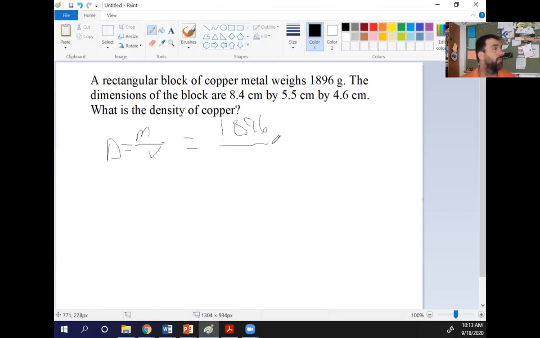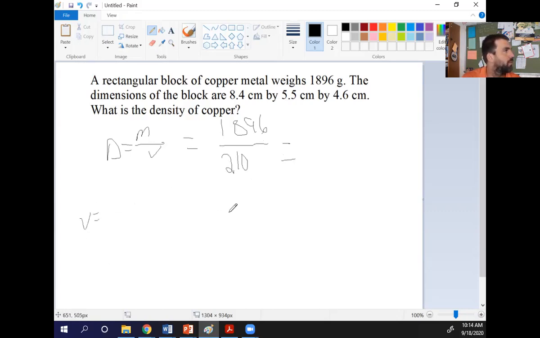Okay, so he did correct. 8.4 times 5.5 times 4.6, and you get what? I need how many significant figures though? 2. So what's the answer? 210? Well, no, 212 has 3 significant figures. So 210. Now don't use 212 because you have to round that to significant figures. 210, you got the volume.